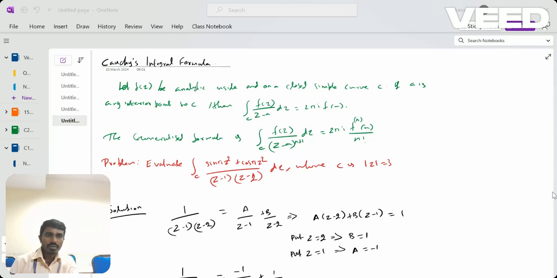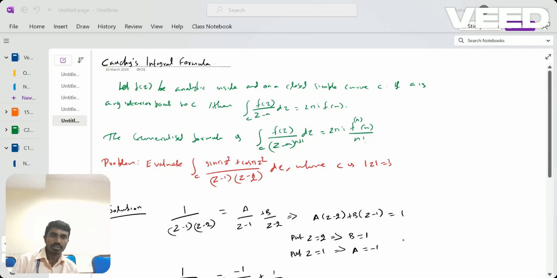And so here we find f(1) and f(2). f(1) equals sin pi plus cos pi. Sin 0 is 0, so sin pi is also 0. And similarly cos 0 is 1, so cos pi is minus 1. So you get minus 1.